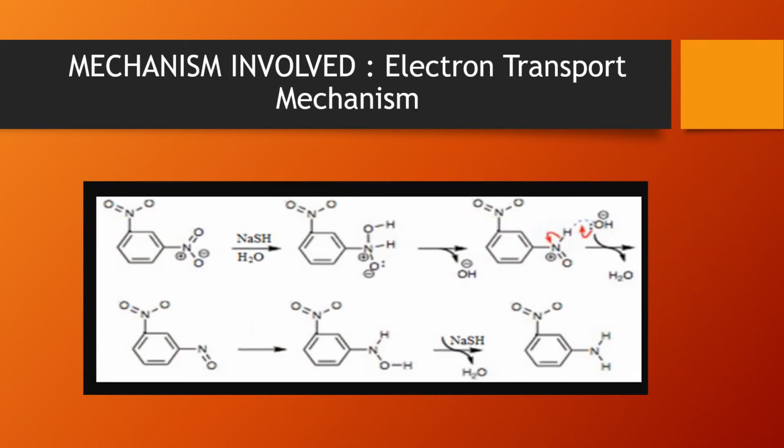Now, the mechanism involved. The mechanism involved in this reduction is well known as the electron transport mechanism. So, let's discuss what will happen here. The nitro group of the dinitrobenzene will take up hydrogen from the water molecule to form an OH bond, and the double bond of the oxygen will get passed on to the second oxygen, and hence it will get a lone pair of electrons and a negative charge.